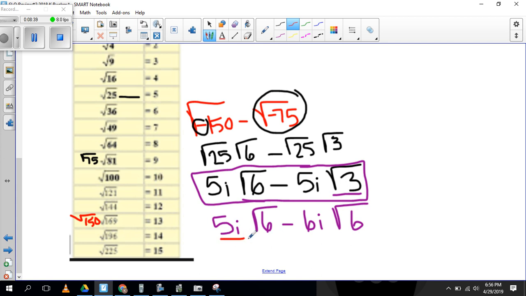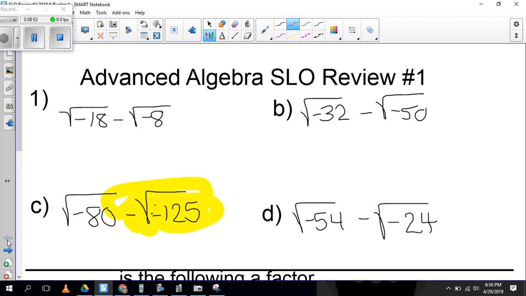All we do is do the operation in front. 5 minus 6i gives us negative i square root of 6. And so that will be it. So what you would need to do now is to work these other problems here, B, C, and D. So pause the video and work those.